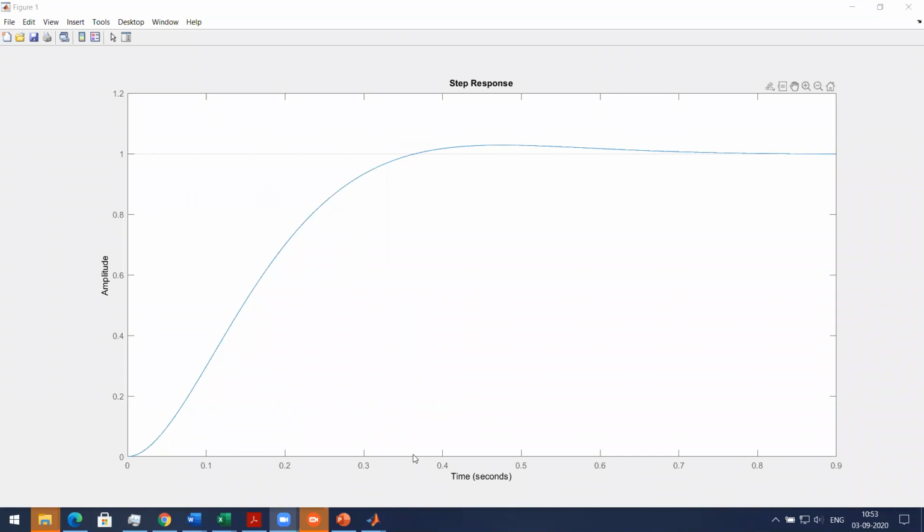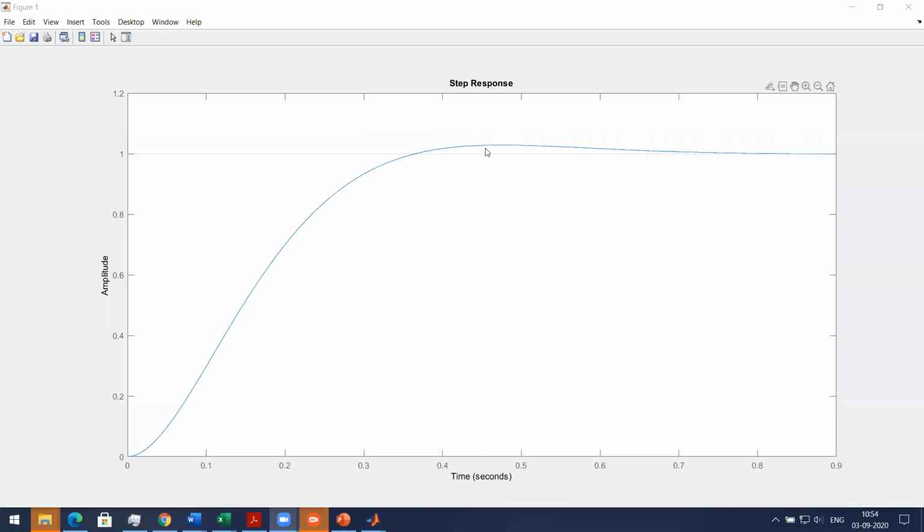Okay. What was the percentage overshoot? 2.84, sir. Okay. How do you calculate this now? So this is 1, this is 1.2. So how much will this be? Okay, what is the peak time you got? 0.475 seconds.